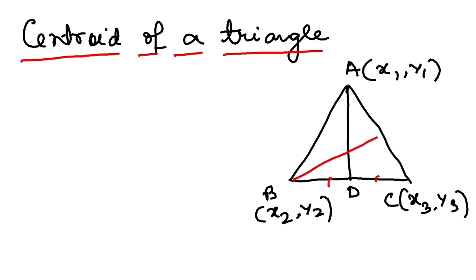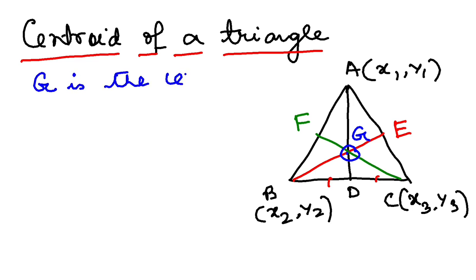Similarly, BE is the median and CF is the median. These are the three medians. The point where the three medians meet, this point over here, let's call it G. This G is the centroid of the triangle.